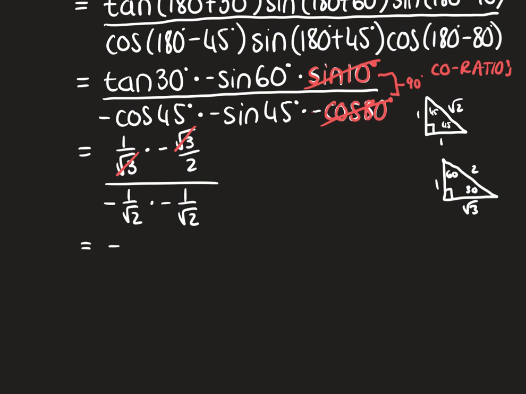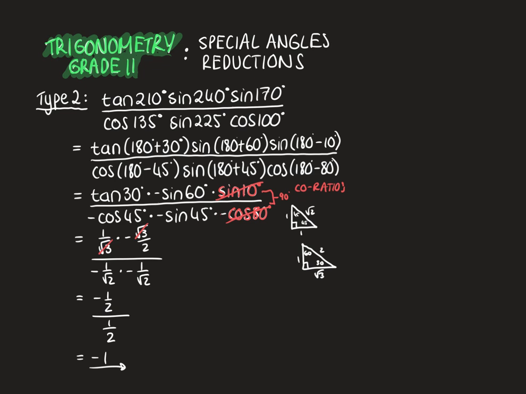So at the top, we're left with minus a half, and at the bottom, minus times a minus, those will cancel. They'll give me a positive, and then 1 times 1 is 1, root 2 times root 2 is 2. So now I've got minus a half over a half, and that is going to give me minus 1 as an answer. What a lovely answer from a really, really big, complicated question.